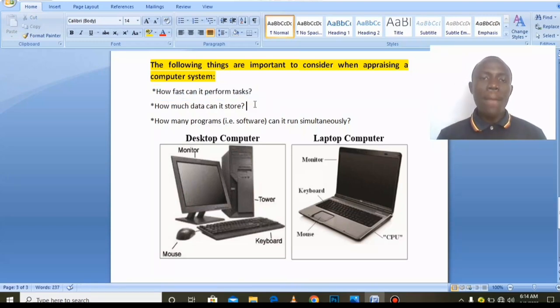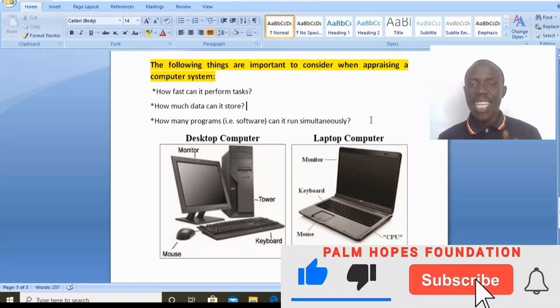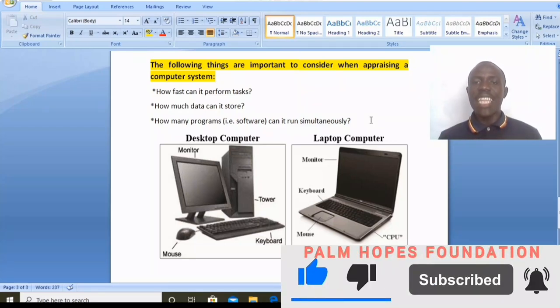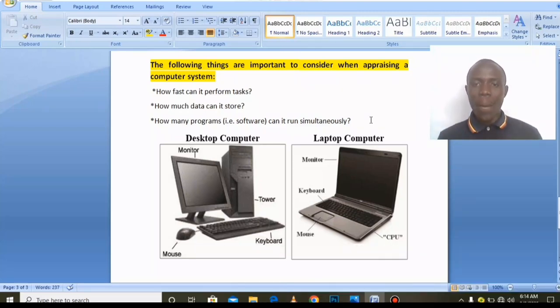Then, how much data can it store, meaning the storage capacity of that device or computer component? Then, how many programs, that is software, can it run simultaneously, at the same time? We normally call it multitasking.